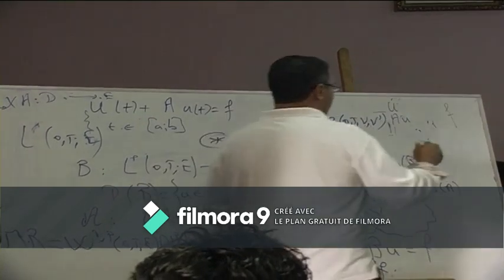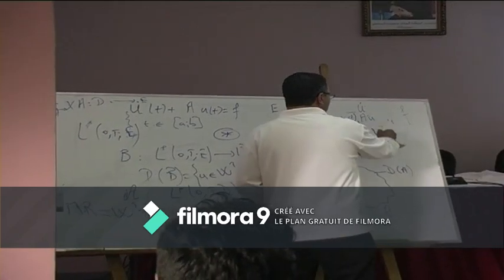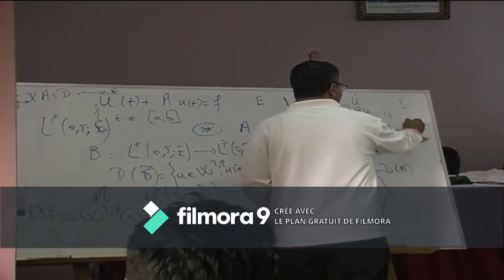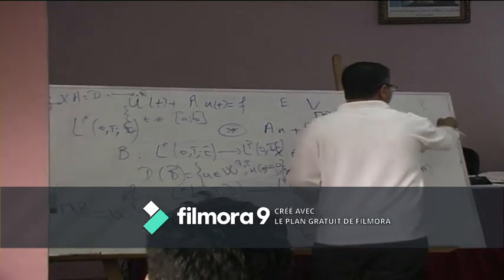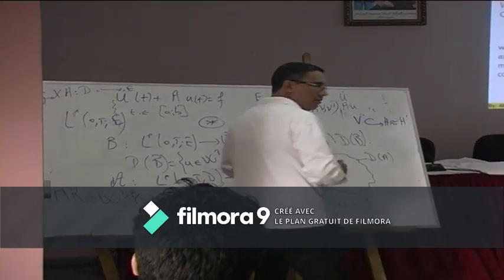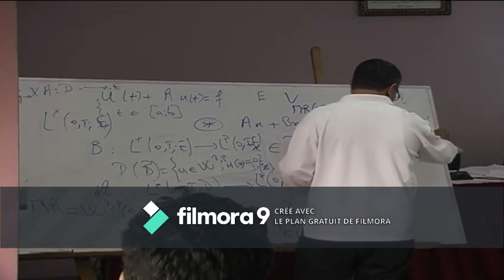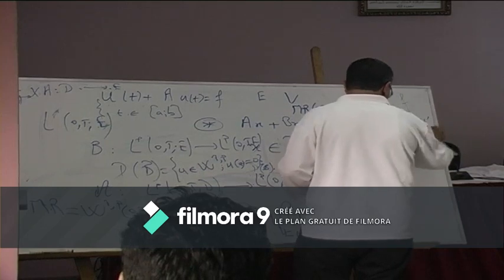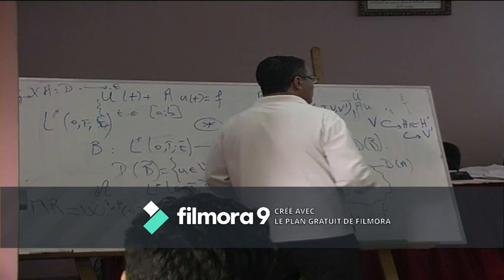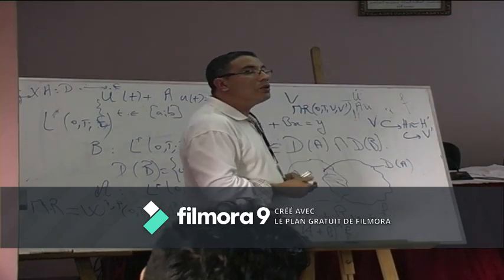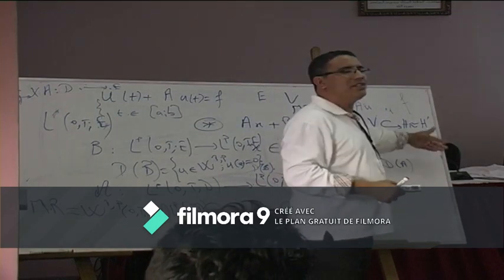That means that in the setting of the morning, where V is embedded in H and H is identified with its dual, H may be embedded in V prime, where V prime is the dual of V. The classical question is if we can continue this chain.